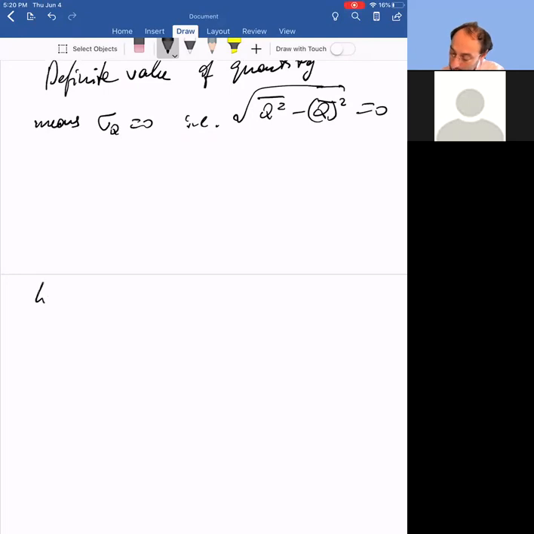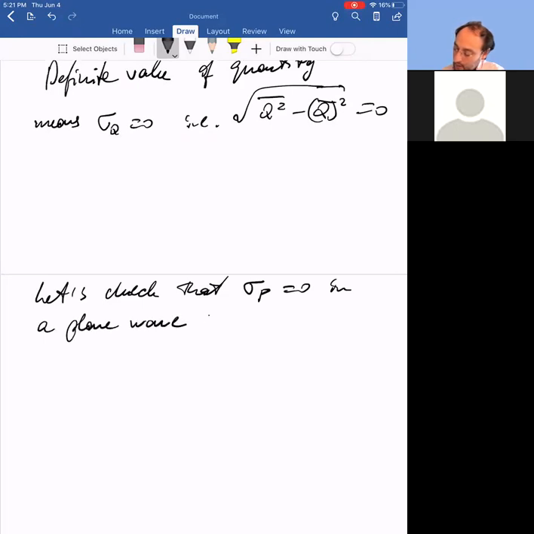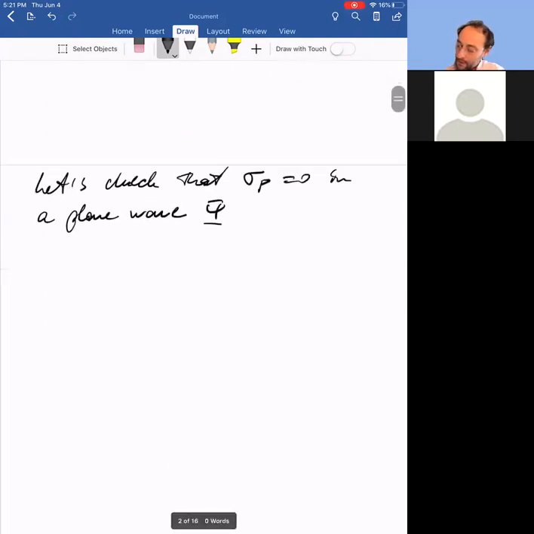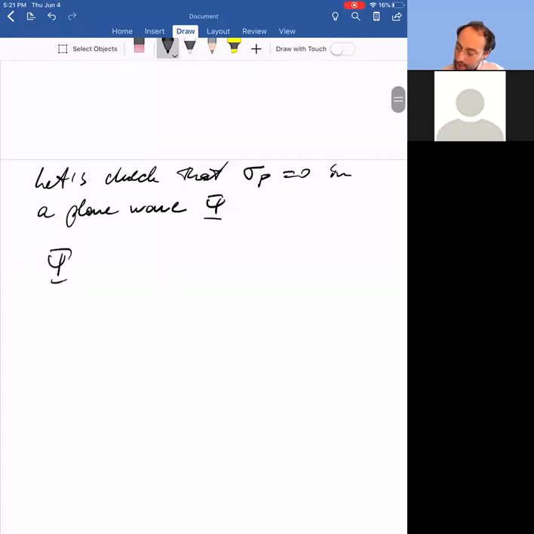Okay, so let's check that sigma of momentum equals 0 in a plane wave wave function. So I have a wave function that's e to the i k times x minus omega times t.